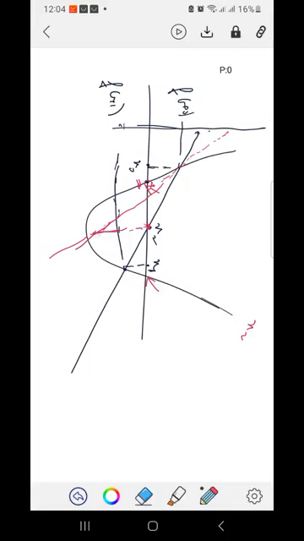I hope you understand that. Let's call this one x1 since x1 is positive, and let's call this one x naught since x naught is negative. We will no longer need this x naught again. Rather, we need x2, which is a negative number. So we can now draw another line like this.